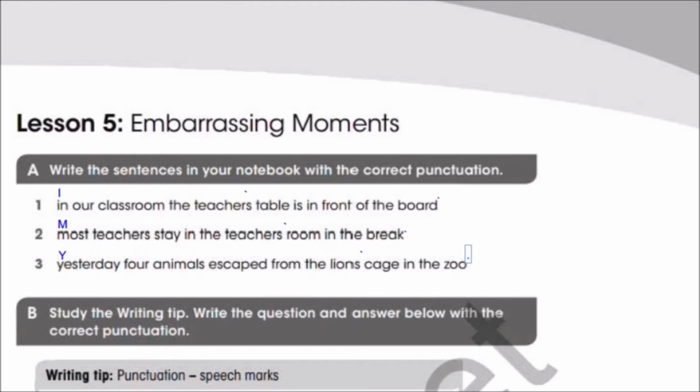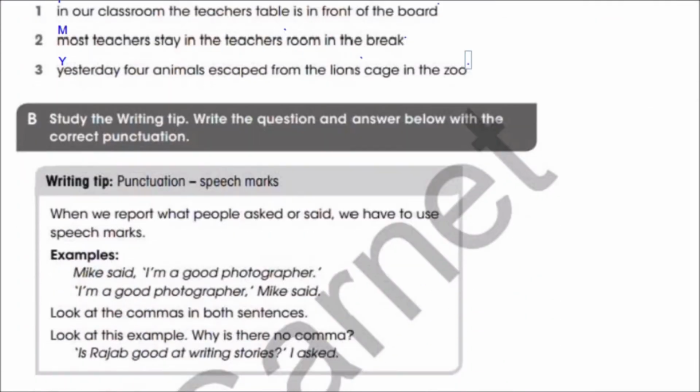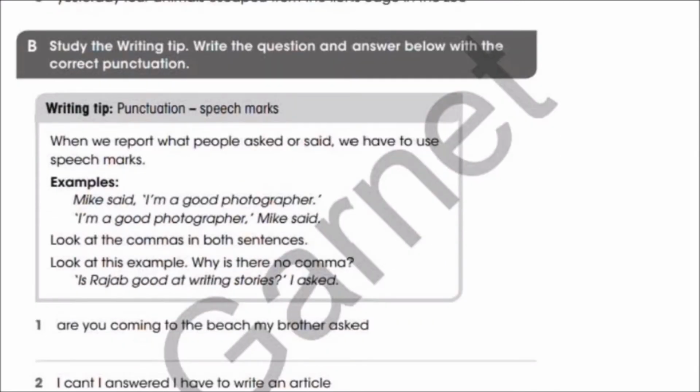Let's move on to question B. Study the writing tip. Write the question and answer below with the correct punctuation. Writing tip. Punctuation. Speech marks.